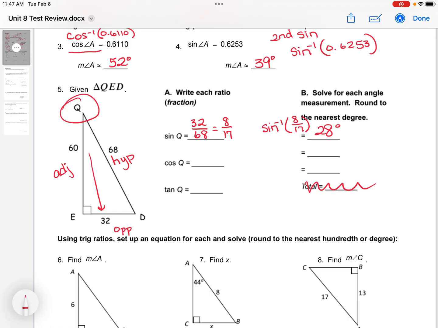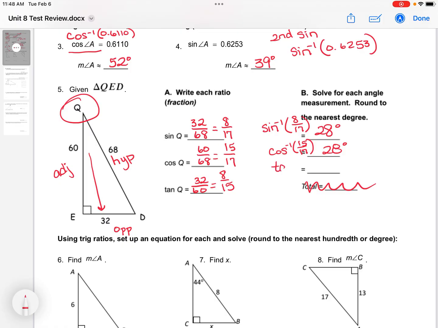So cosine of Q is going to be the adjacent over the hypotenuse, which is 15/17, and that's going to be cos 15/17, which, surprise, it's going to be 28 degrees because it's the same angle Q. All three of these should be the same. So tangent is opposite over adjacent, which is 8/15.